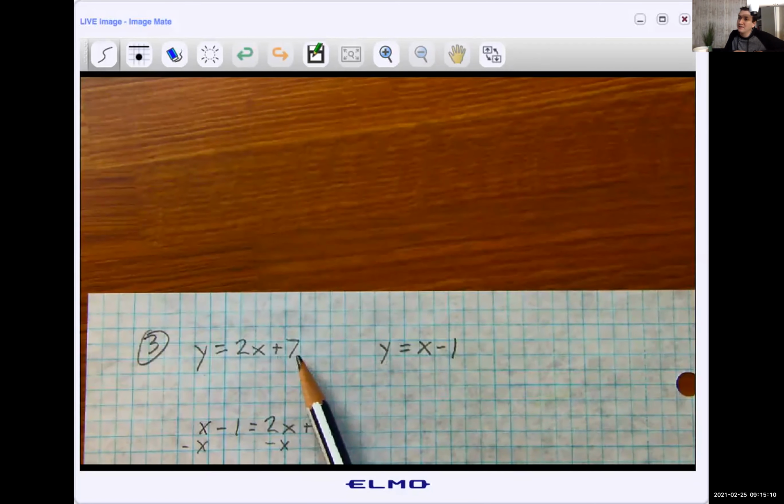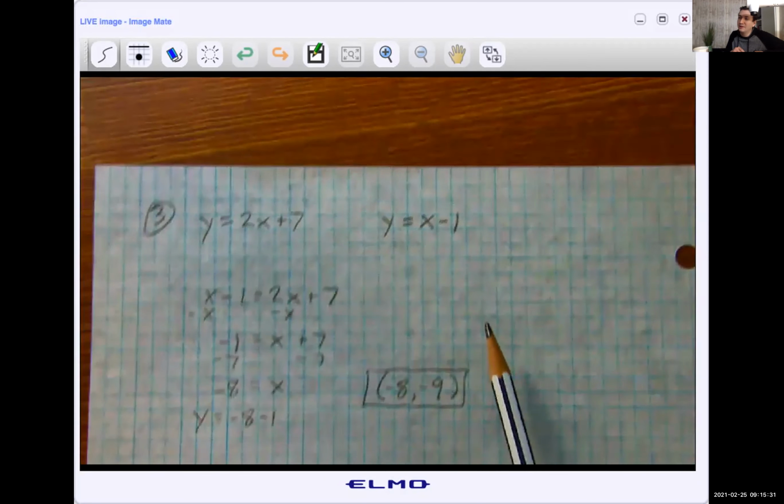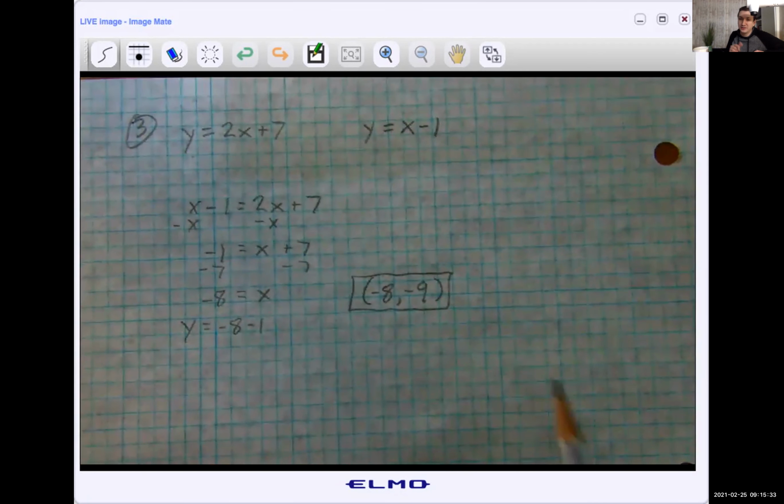The 2x plus 7 is going to equal x minus 1, or I don't know why, but I wrote it the other way around. x minus 1 is 2x plus 7. Okay? We have variables on 2 sides. We need to get them on one side. So you always move the smaller one. You cancel out the smaller one. So minus x, minus x. And so I believe this would be your answer.